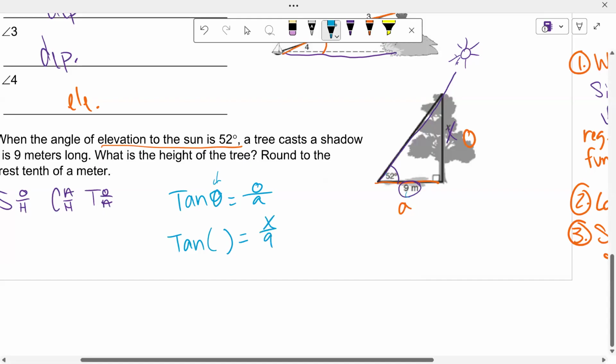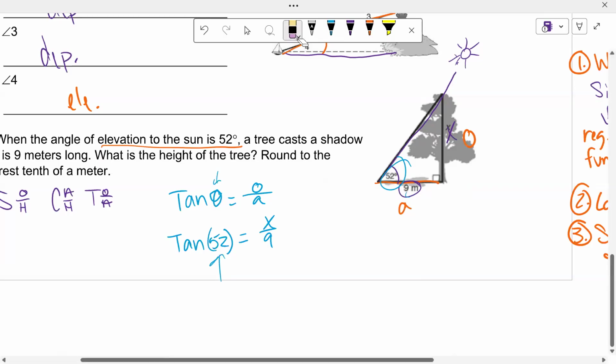Then whatever's left over is our 52, because we only need 3 pieces of information to solve these. So we'll plug a 52 in for that theta. Theta always is going to be the degree or the angle, but if you forget that, plug in your knowns, and whatever leftover piece of information you got should be the angle.